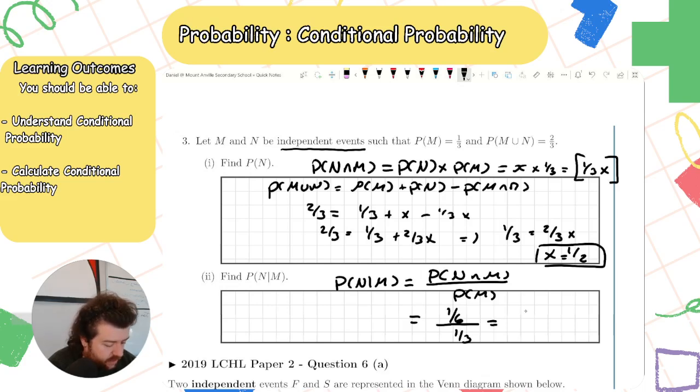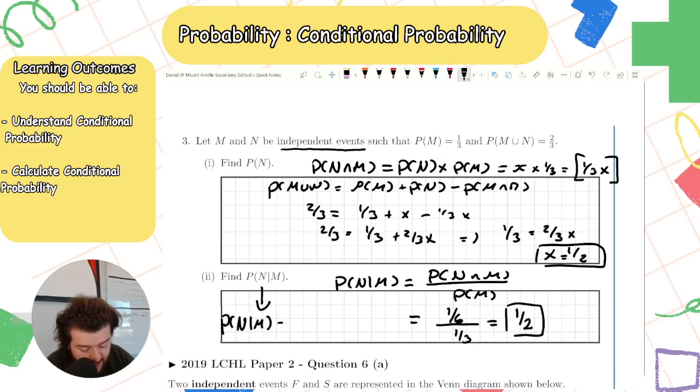Put that together, get 1/2. Or the other way of doing it is they are independent events, so N given M will be equal to probability of N.